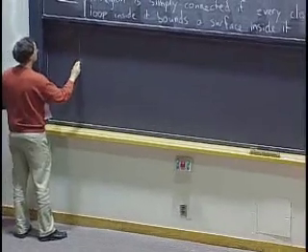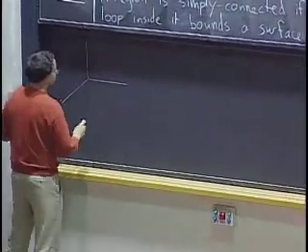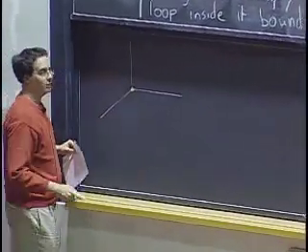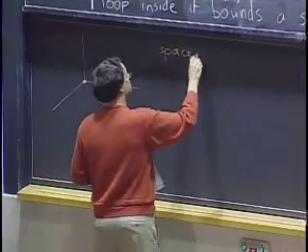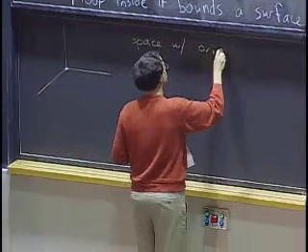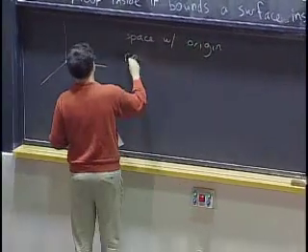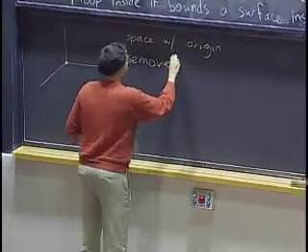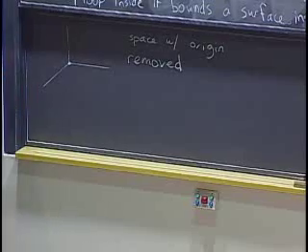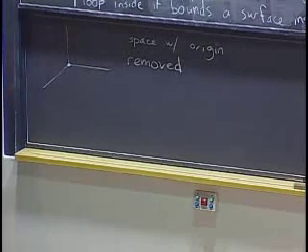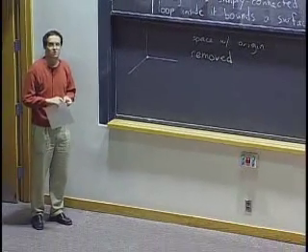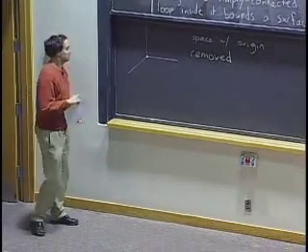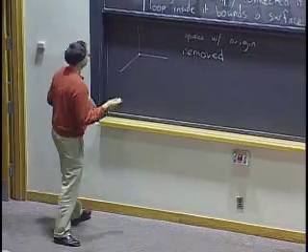For example, let's say that I have a region that's the entire space with the origin removed. Okay, so space with the origin removed. Do you think it's simply connected? Who thinks it's simply connected? Who thinks it's not simply connected? Let's think a little bit harder.